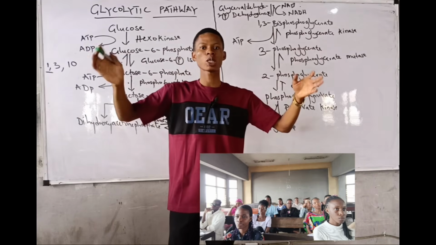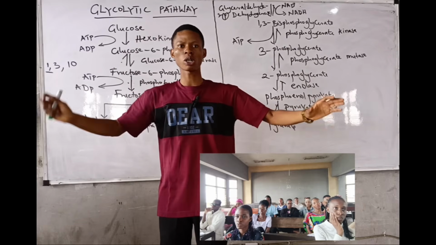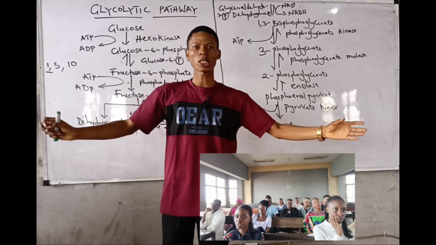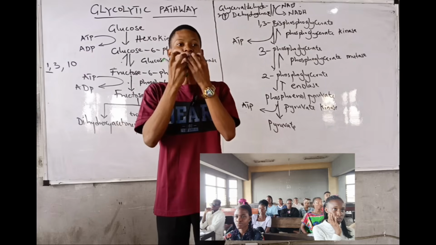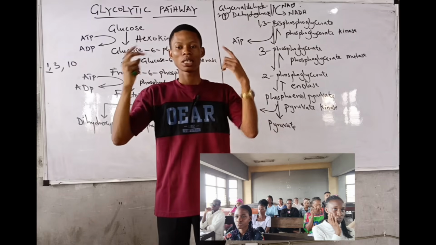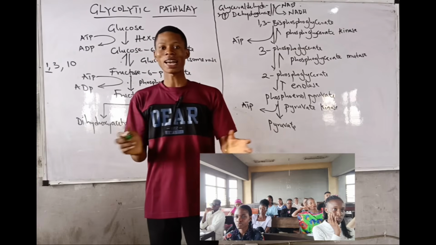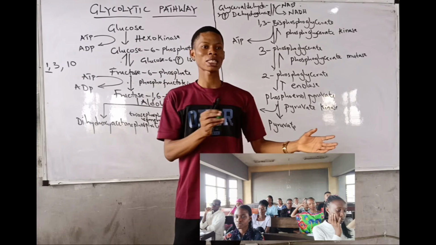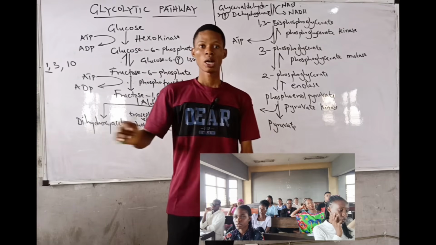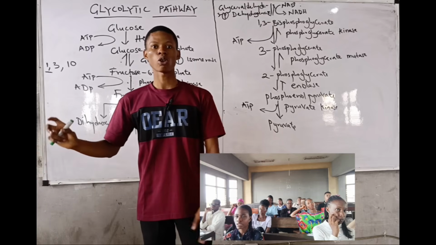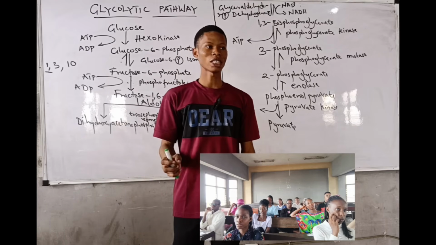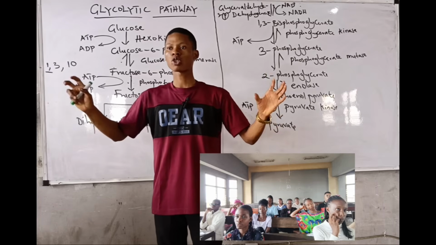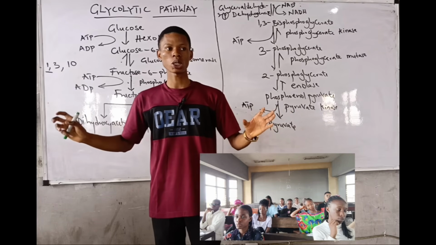Now fructose 1,6-bisphosphate is cleaved to what and what? Dihydroxyacetone phosphate and glyceraldehyde phosphate. The more you say it, the more it sticks. We say glyceraldehyde phosphate can continue, right? While dihydroxyacetone phosphate cannot continue, so it's converted to another molecule of glyceraldehyde phosphate. So at this point, we have 2 molecules of glyceraldehyde phosphate, is it not?